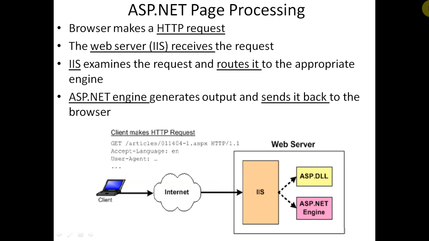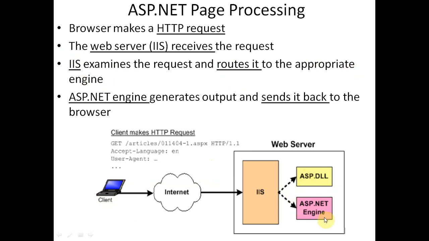Now you can see the other related issues of the .NET page and processing. The browser always makes an HTTP request, and the web server IIS receives the request. This is IIS, Internet Information Server, which will receive the request from the browser, examine the request, and route it to the appropriate engine.